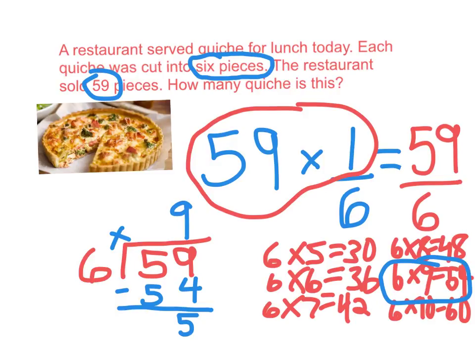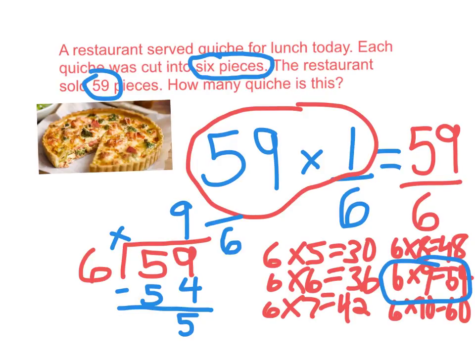So whenever I go to fill in the fraction, I want to first find the number that is being divided, the divisor. The divisor is always going to be the denominator in the fraction. So remember, we're cutting the quiche into 6 equal pieces.